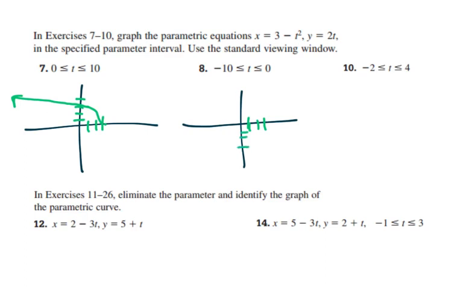And 1, 2, 3, 4. It's actually this way. And then they want you to do -2 to 4. Okay, so going back to the window button again, -2 is your t minimum, 4 is your t max, and I just used 0.1 as my step.